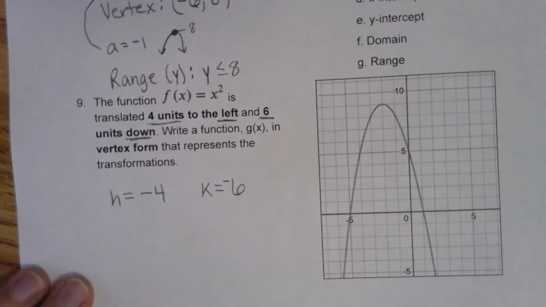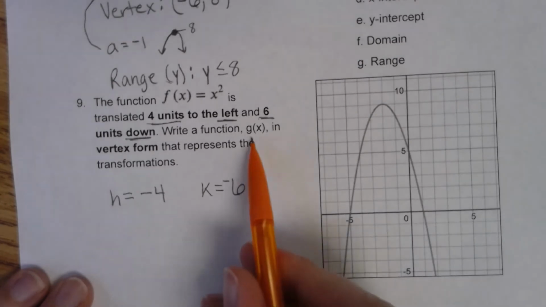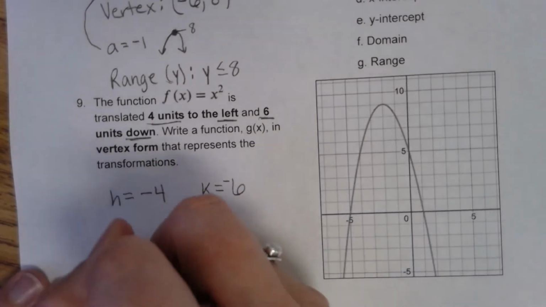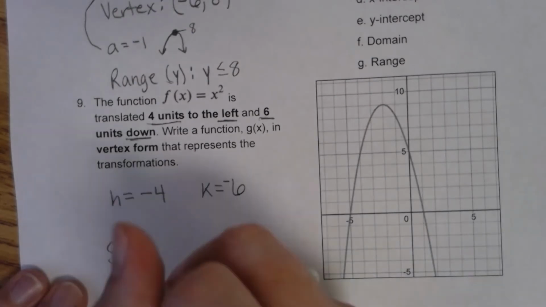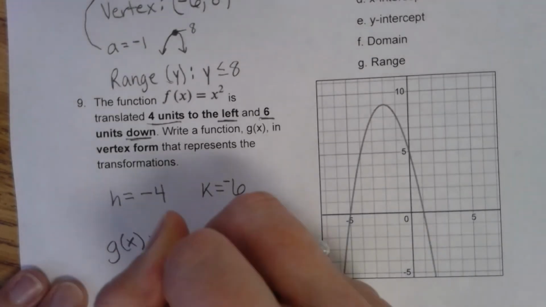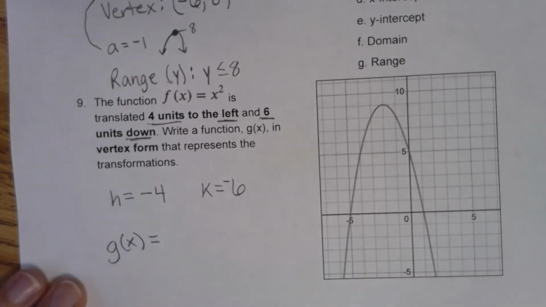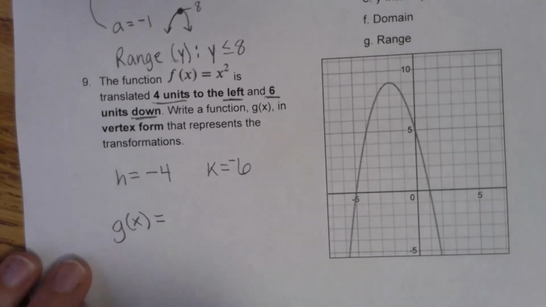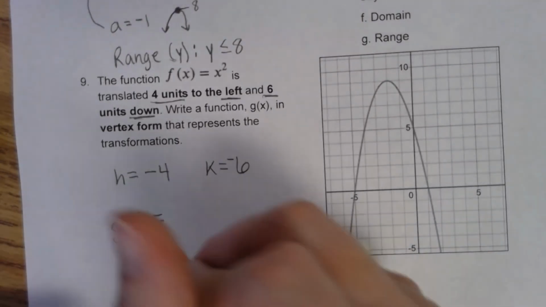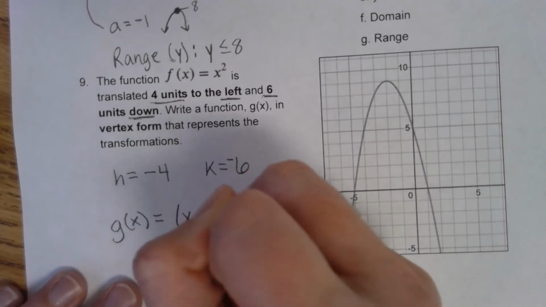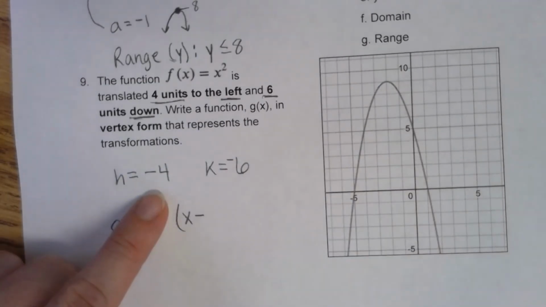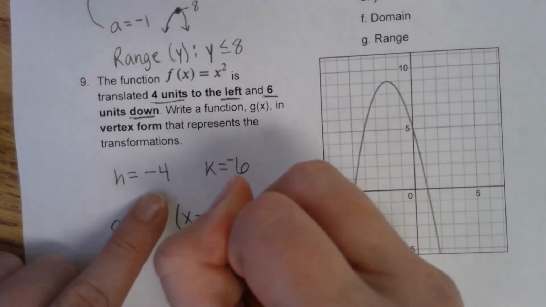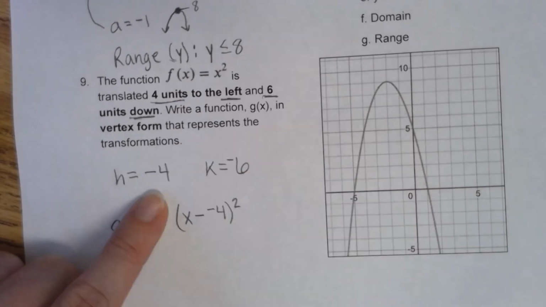So we want to find a function g of x in vertex form. Well, vertex form, we put our a value first, which we don't have an a value, it's just a plain old function here as far as opening up or down. We do x minus our h. Well, h is -4, so minus a negative and square that.